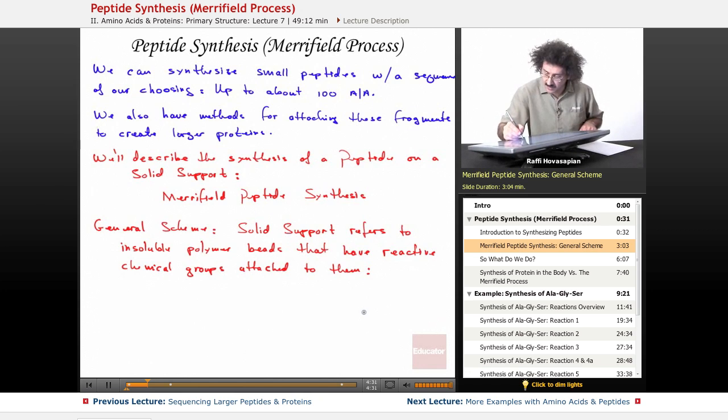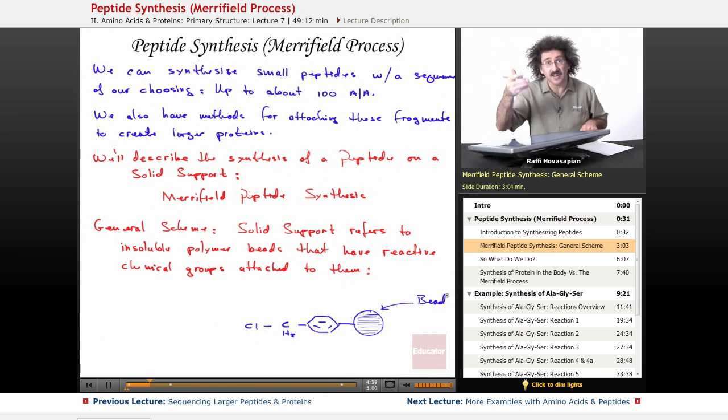So I have this bead, and then in this particular case, the group that I have attached to it is CH2Cl. So this is our polymer bead, and it is insoluble, so it doesn't dissolve.